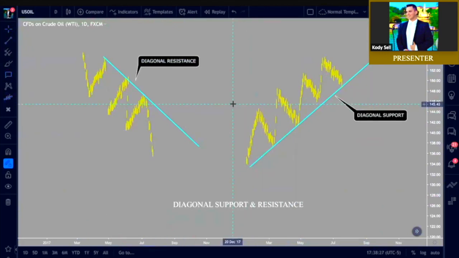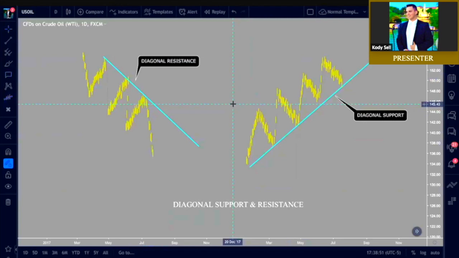These concepts work the exact same as horizontal support and resistance. Overall, we have this concept in our minds that in the market, price is simply moving between different types of support and resistance. So that brings us back to the question, what are price channels?